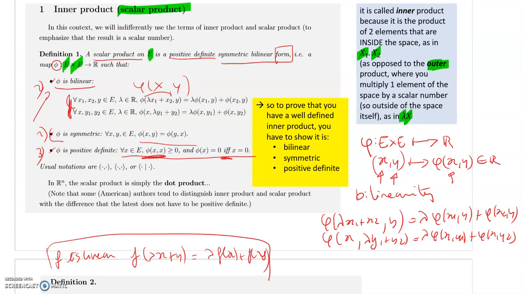So the next thing we will have to do is, given some map on E times E with real values, show that it's a well-defined inner product by showing those three properties. Usually the most complicated one is the last one, and even maybe its second part. But we are going to take some examples.